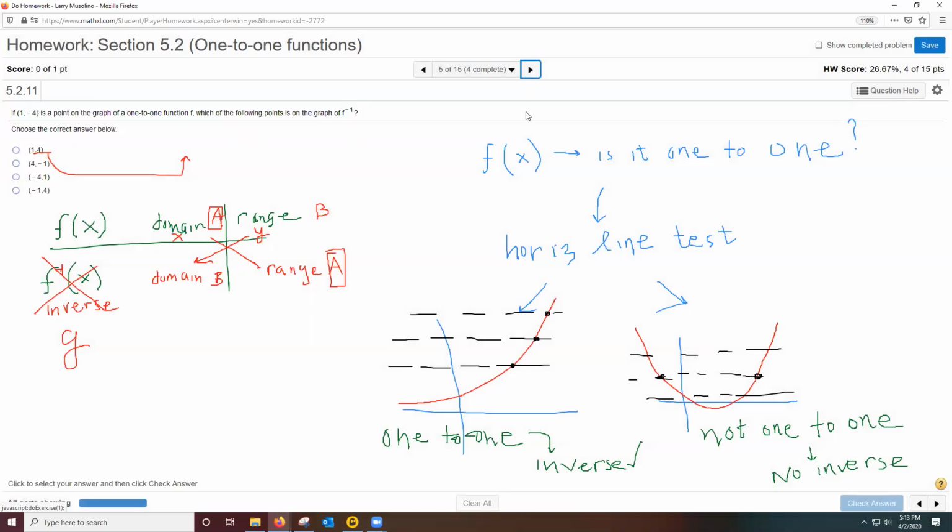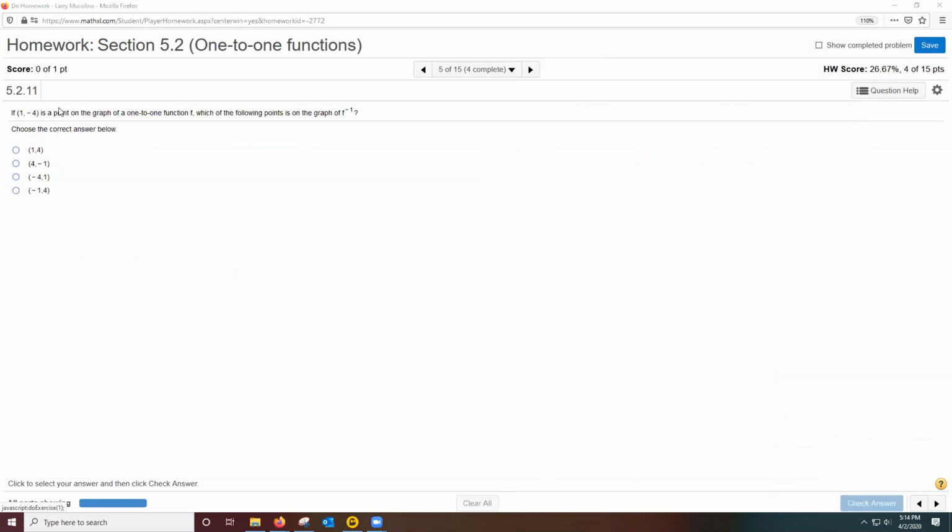All right, let's take a look at this question. Let me clear the screen here. Okay, so this says, what about if 1, -4 is a point on the function f? Which of the points is on the graph of its inverse?